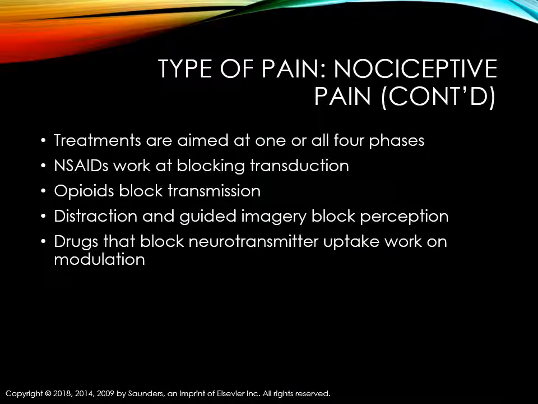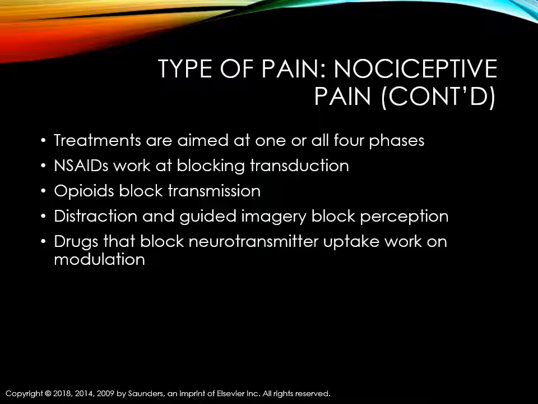Treatment of nociceptive pain may be directed towards one or all of the 4 phases. Non-steroidal anti-inflammatory drugs, also known as NSAIDs, work by blocking the production of the substances that trigger the nociceptors in the transduction phase.